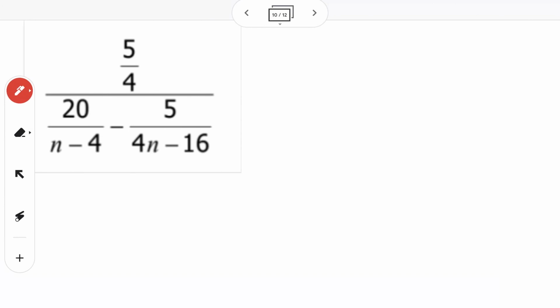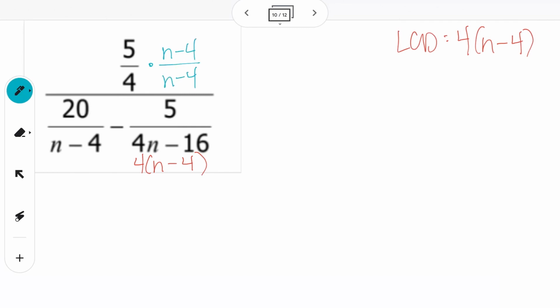Okay, so same idea with this one. If I start with my denominators, 4 is already factored, n minus 4 is fully factored, but this 4n minus 16 is really 4 times n minus 4 if I factor it. And the nice thing with that is that really becomes my LCD, because every denominator has those as factors. So to get a common denominator, I'm going to multiply the top by n minus 4 on top and bottom.